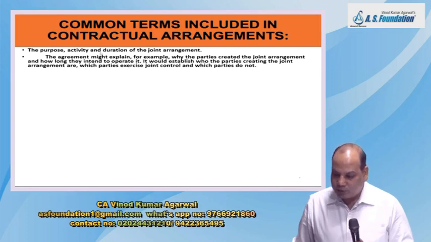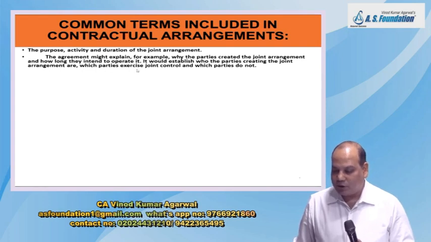Sometimes it can be only for a particular activity, like construction of bridges, dams. Once that activity is over, the agreement dissolves. It would establish who the parties creating the joint arrangement are, which parties exercise joint control, and which parties do not have joint control.